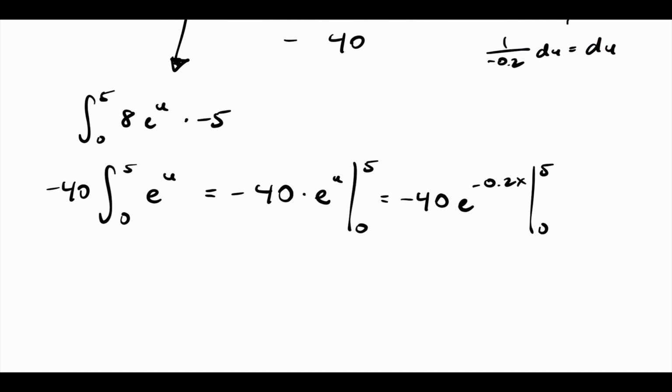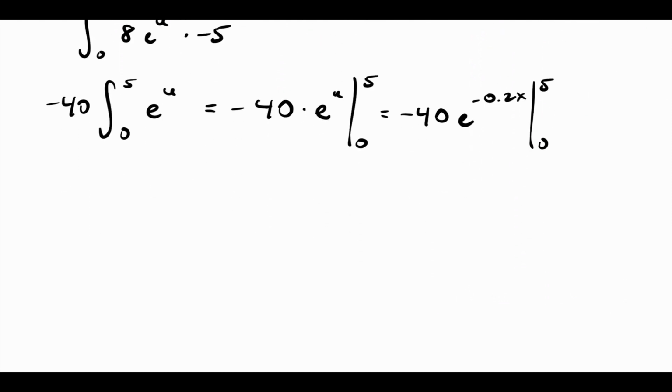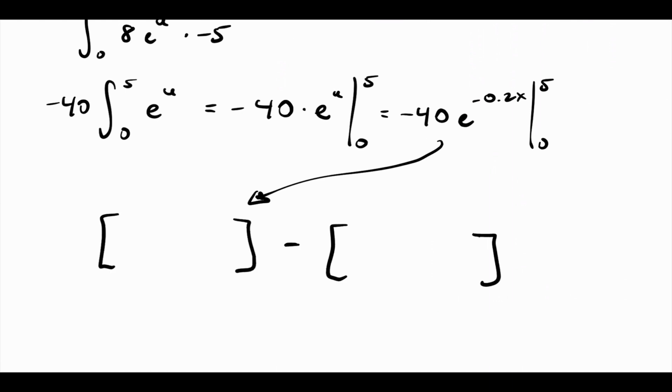When I plug in 5, I get negative 1. So negative 40. When I plug in 5 here, I get negative 1. Negative 1 power means 1 over e. Negative 40 over e. I'm going a little fast because we're running low on time, but it's evaluation.